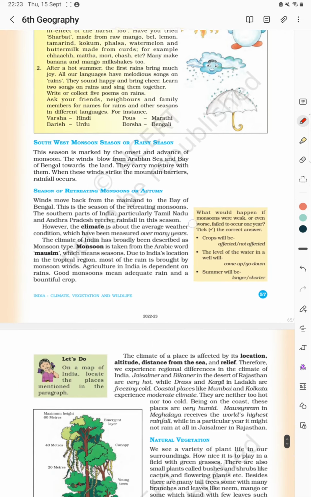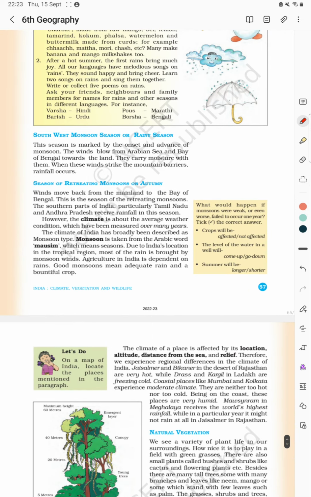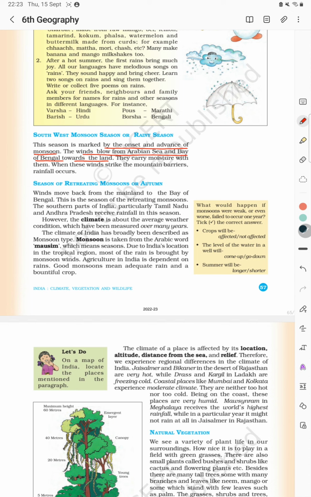Then the southwest monsoon season or rainy season. The season is marked by the onset and advance of monsoon. The winds blow from the Arabian Sea and Bay of Bengal towards the land. They carry moisture with them. When these winds strike the mountain barriers, rainfall occurs.